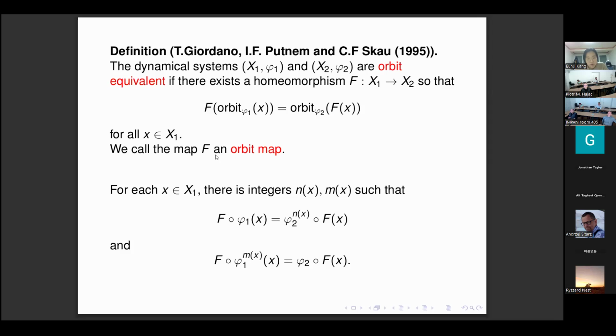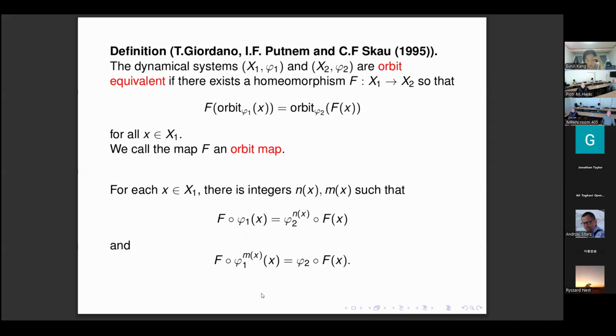And furthermore, for each point x in X1, there are integers n(x) and m(x) that describe how the actions of φ1 and φ2 align through F. The first condition means that applying φ1 to x and then mapping it with F is the same as applying φ2 to F(x) a certain number of times, n(x).